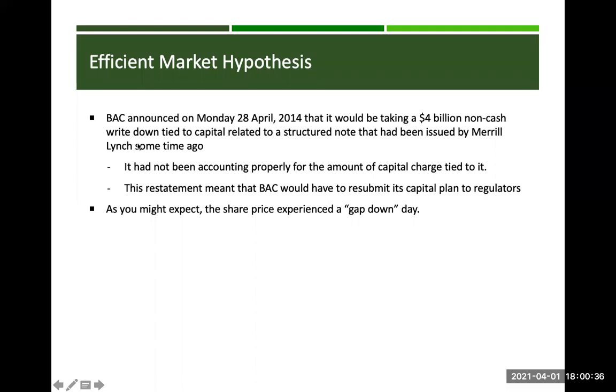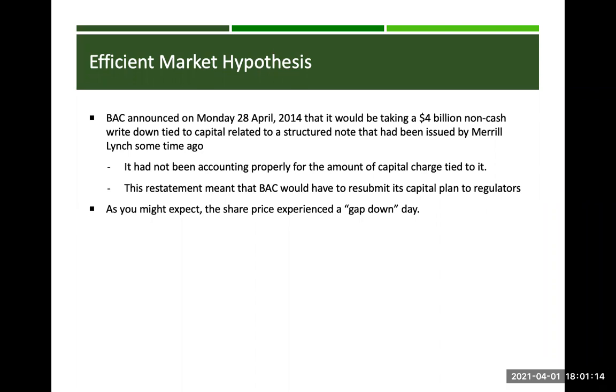Bank of America announced in 2014 that it would be taking a $4 billion with a B, $4 billion US dollar non-cash charge, a write-down, tied to capital. What had happened, and this is all publicly available information, Merrill Lynch had issued a structured note, so a structured bond where the interest payments were only made under certain conditions, or if some indicator was above or below some threshold, or tied to something else.